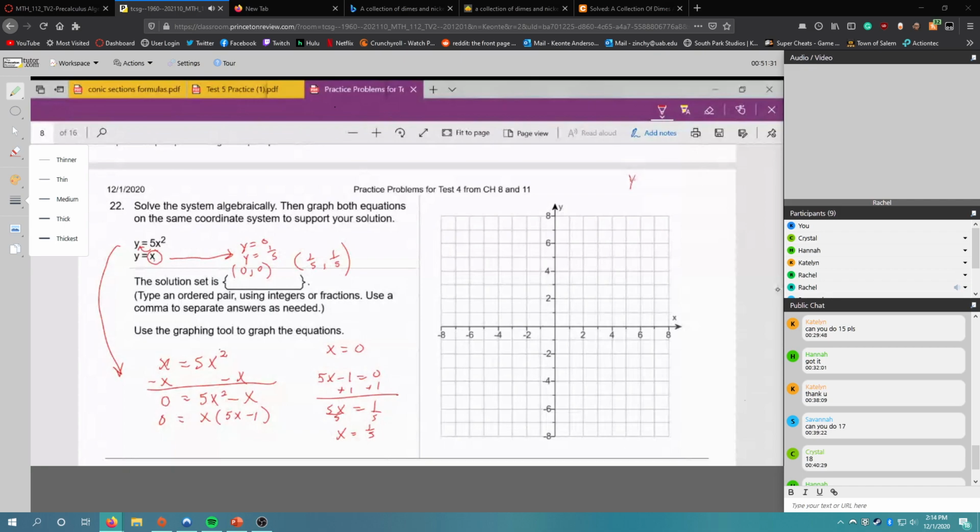To graph y equals x, that means I have a y-intercept of (0, 0) and a slope of 1. And if I graph y equals 5x squared, I would just make a table and get a couple of points, because you only need 2 points really, or 3 points.